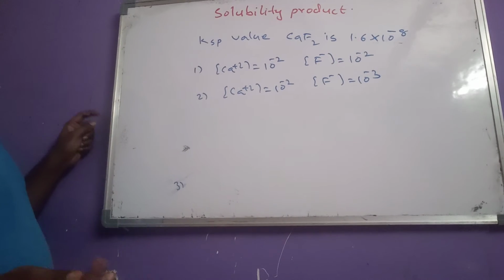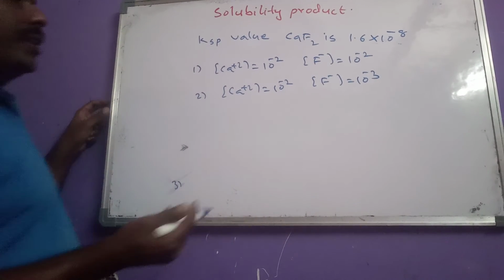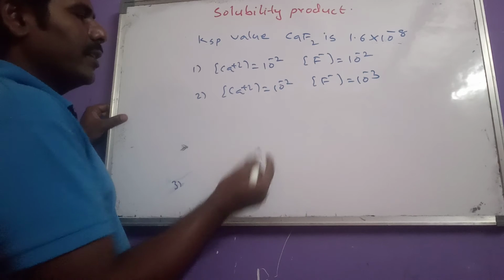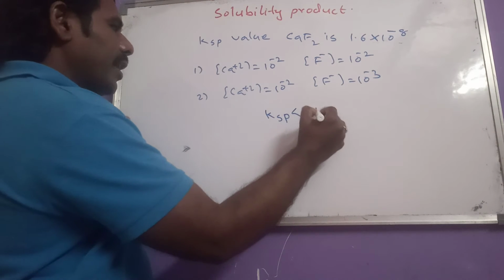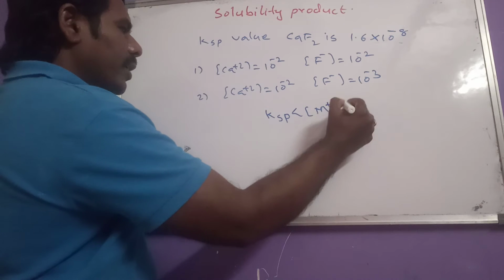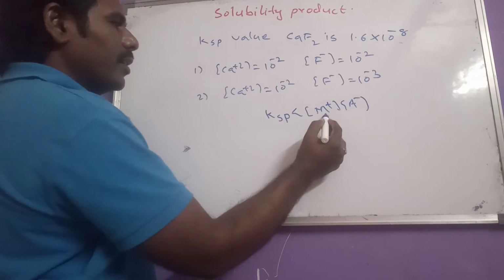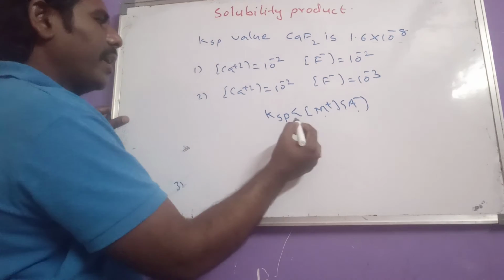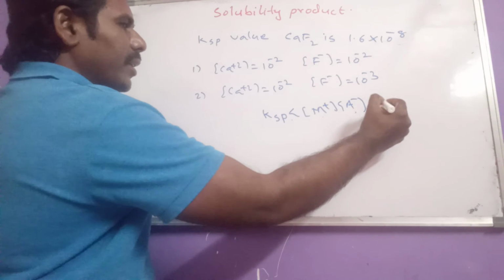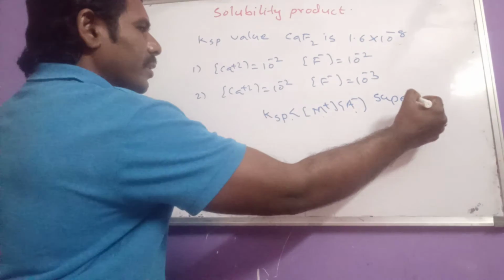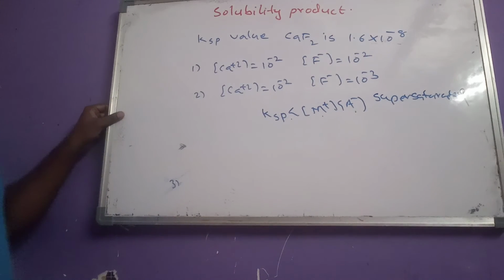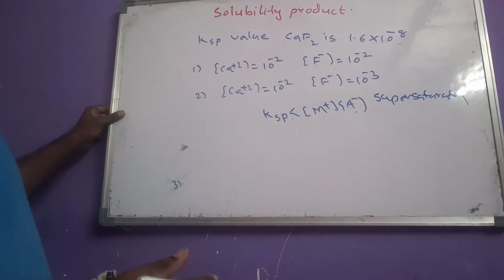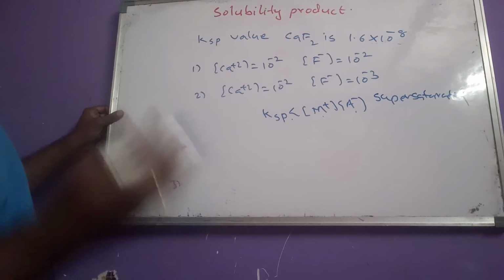Like this. So now how do we have to check here? Already we discussed one thing. If KSP value is less than the product of concentration terms of cation and anion, then that is said to be supersaturated. Supersaturated means nothing but precipitation begins or precipitation is formed.